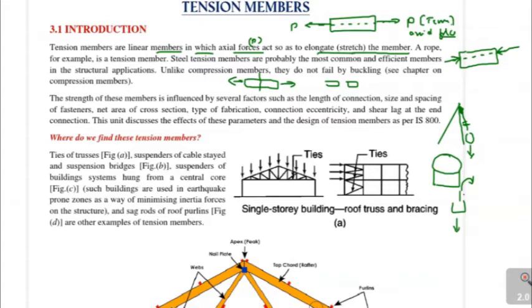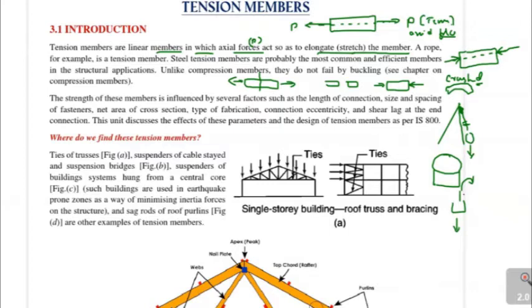And what happens in the case of a compression member? If you apply compressive force on a compression member that is very large, it is going to buckle, bending laterally. But if the member is small, it is going to get crushed, something like the compression test on concrete cubes.